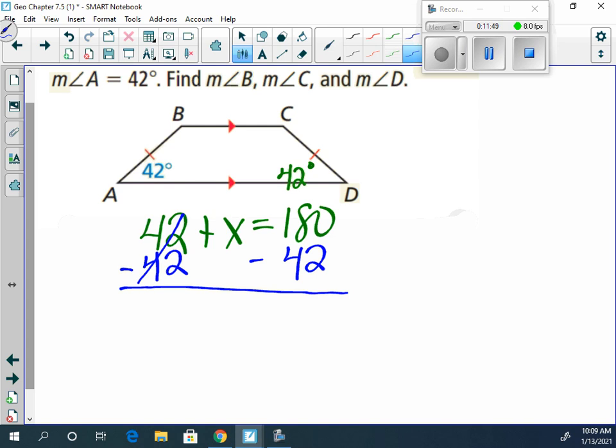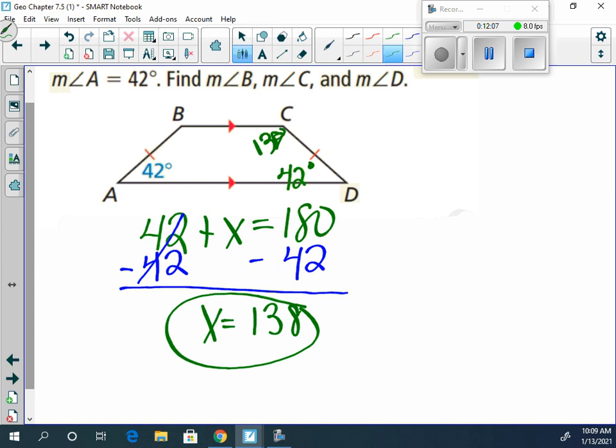The 42s cancel, and 180 minus 42 I believe will give us 138. What does that mean the measure of angle B is? 138.